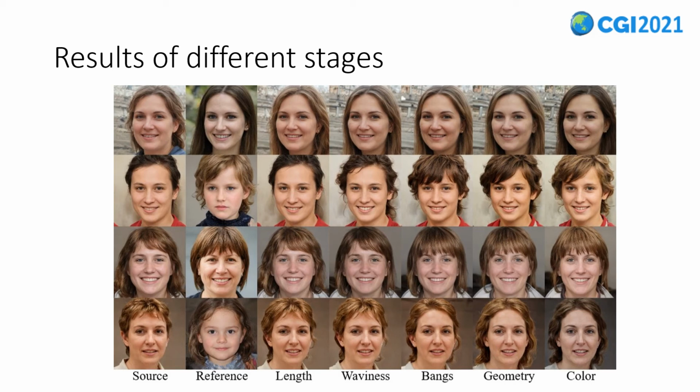For length, waviness, and bounce, the manipulation on hair attribute is global. The length part changes the total length of hair. The waviness part controls the total hair waviness. The bounce part decides the bounce shape.